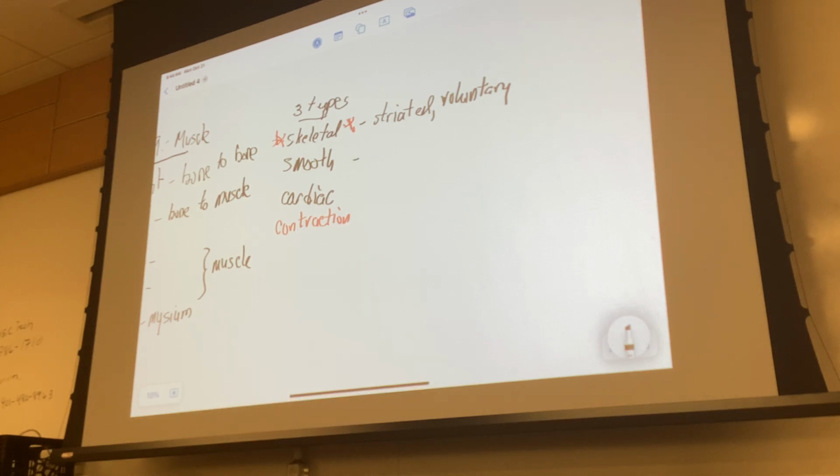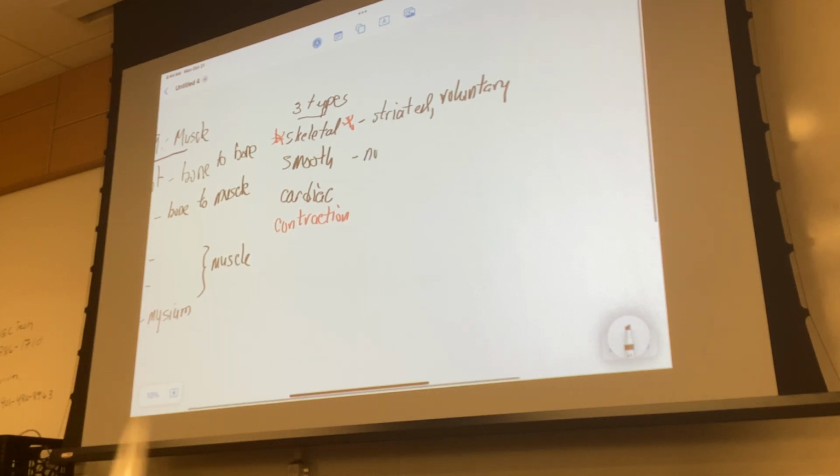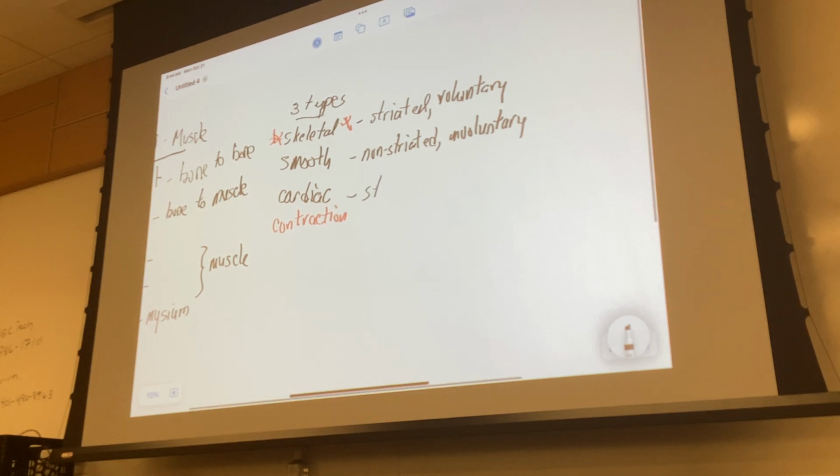Smooth muscle is non-striated and involuntary. And cardiac muscle is striated and involuntary. So the second two are both involuntary. The first and the third are striated.